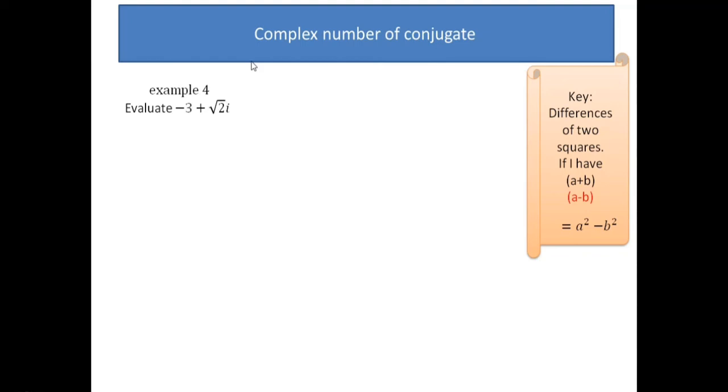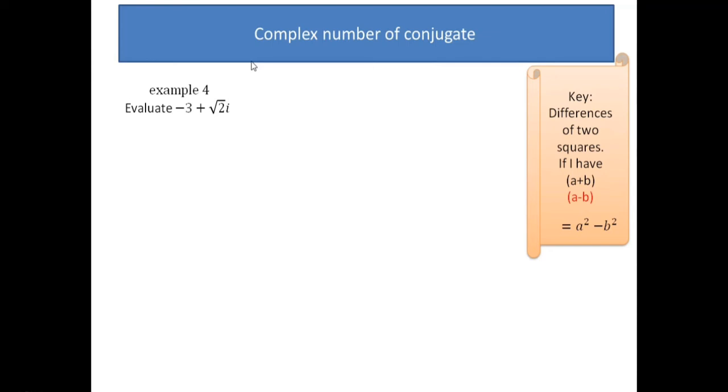Now let's take an example. They said to evaluate negative 3 plus the square root of 2i. Now I cannot do anything when I'm here. This is the end. I cannot simplify this further.